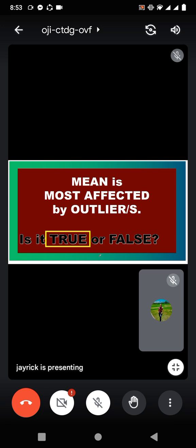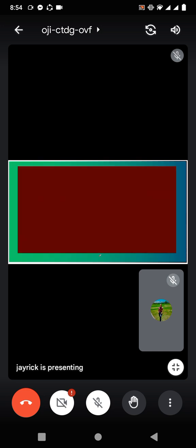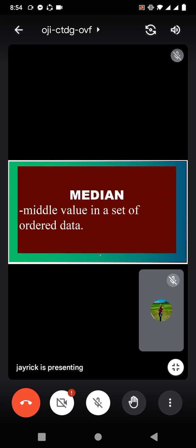Next, let's move to the next measure of central tendency, that is the median. Now, what's the definition of median? It is the middle value in a set of ordered data. Take note, how will we determine the median or the middle value in a set of ordered data?